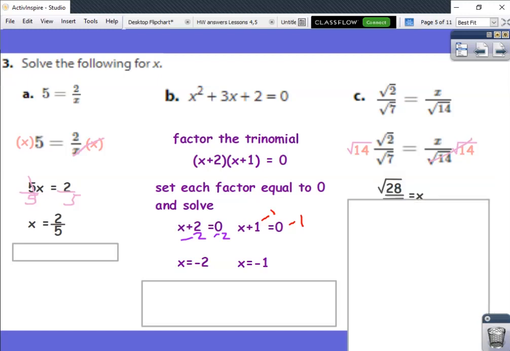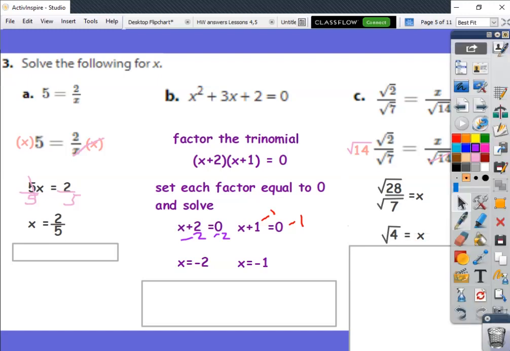On the other side, I get square root of 14 times square root of 2, which is square root of 28, over square root of 7. And square root of 28 divided by square root of 7 is square root of 4. Remember that you could always write this as follows here if you wanted to.